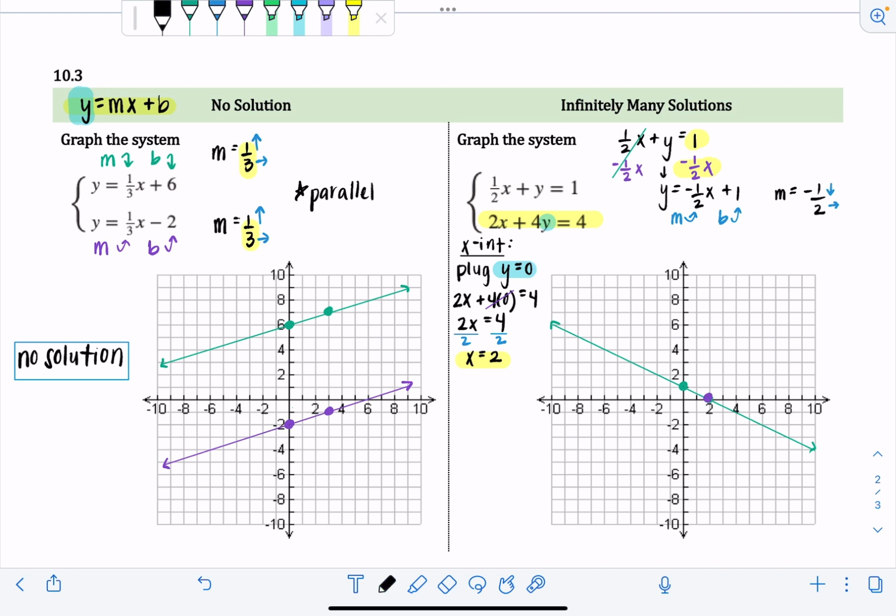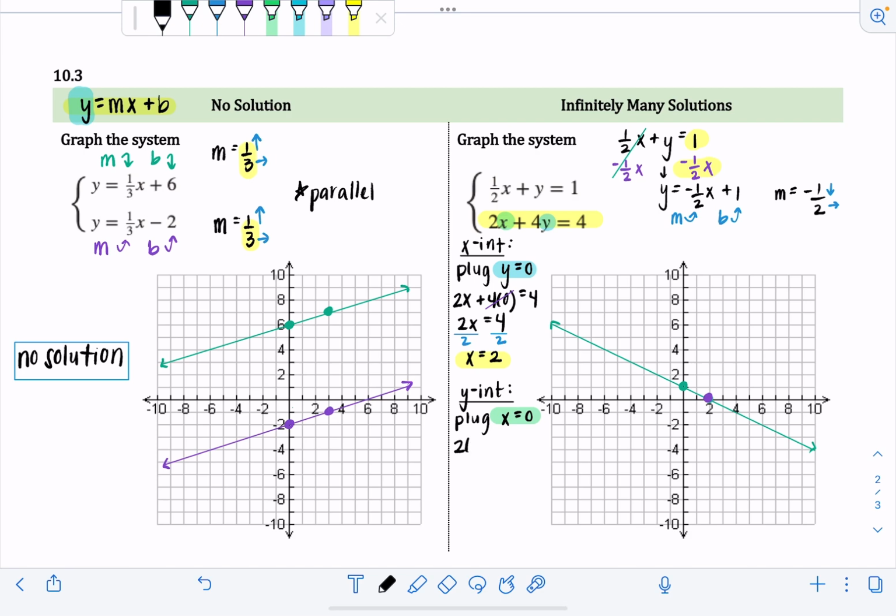And then I have to repeat that process with the y-intercept, except it's just the opposite. So instead of plugging in y equals 0, I would plug in x equals 0. So I would take x equals 0, put it right here in the equation.